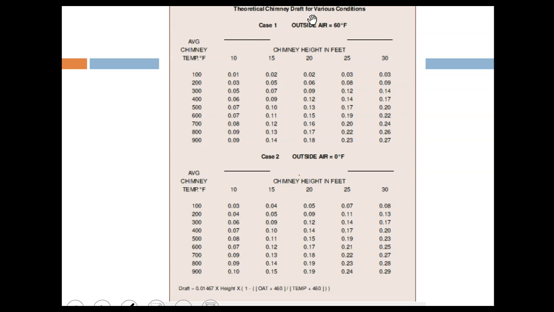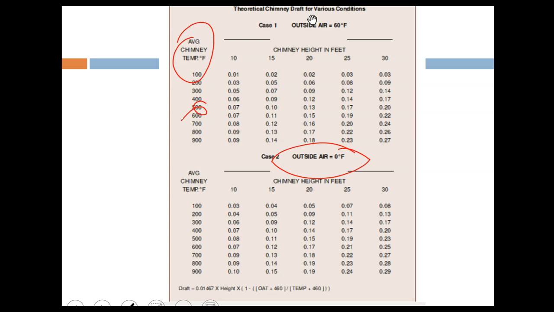Draft estimation based on the average chimney temperature and height. So the chimney temperature, constant temperature, and the height will give you this amount of draft. That's really good, valuable information to know, based on the air outside being 0. So the outside is very heavy. Let's say the chimney temperature is around 500.